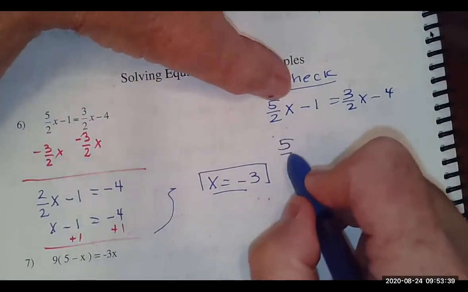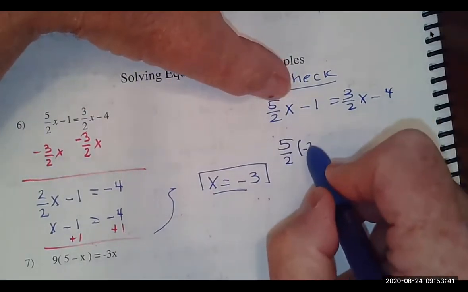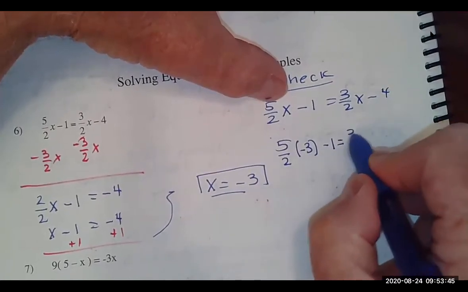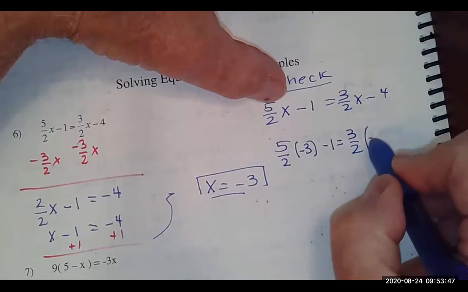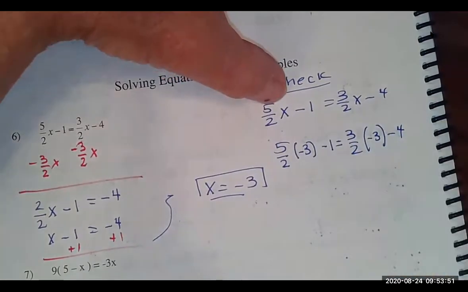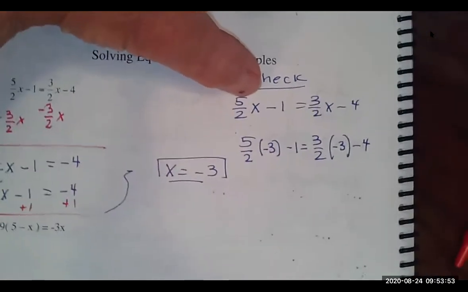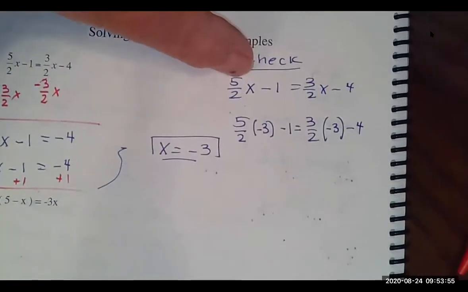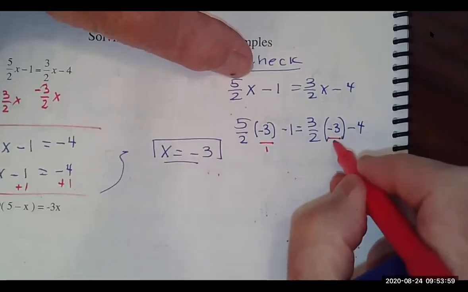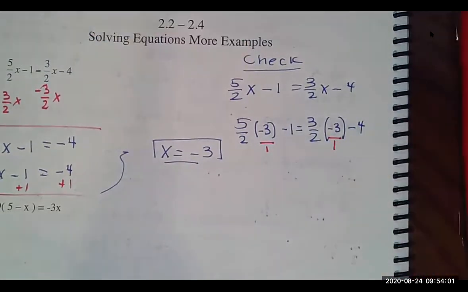So 5 halves, parentheses, -3, and so on. Don't forget, you've got a 1 underneath these numbers. All right, -3. Is -3 a real number?